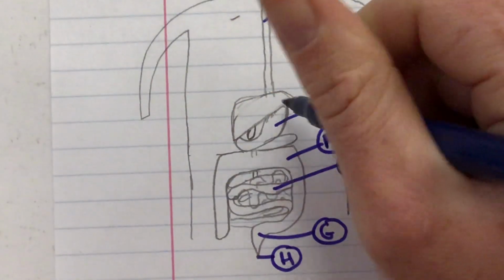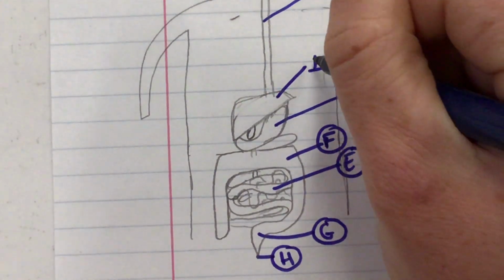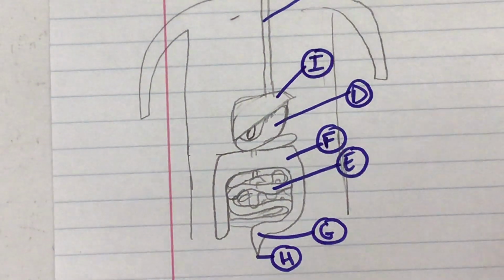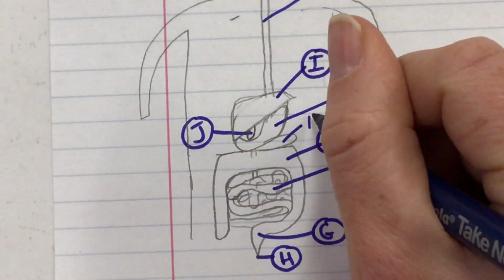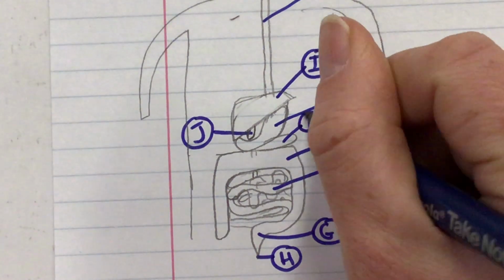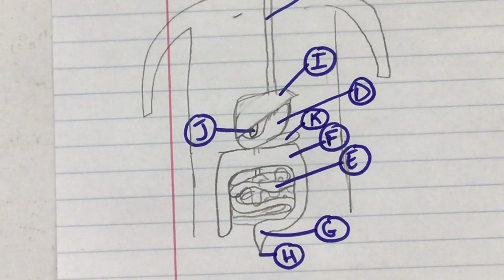We're going to label the liver as I, and the gallbladder as J, and the pancreas as K. Okay. So there we have our labels.